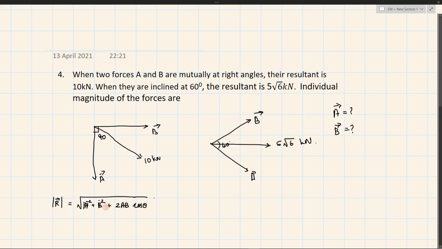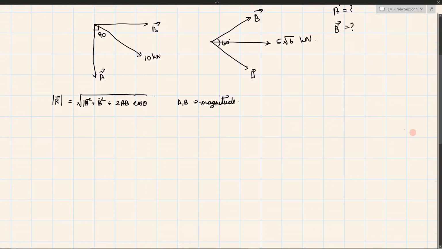Here A and B represent the magnitudes. In the first case, the resultant is 10 kilonewton, which is equal to the square root of A square plus B square plus 2AB into cos 90 degree.